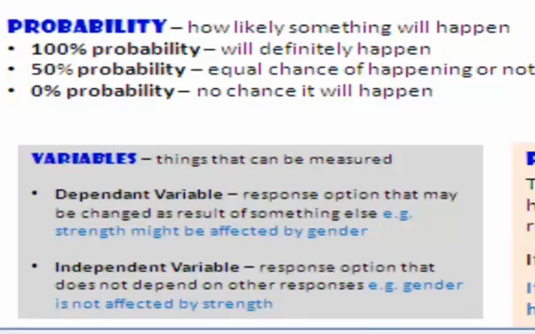Dependent variables, and these are things that can change as a result of something else. For example, your strength might be determined partially by your gender. Men tend to be stronger than women. So your strength is dependent on your gender.